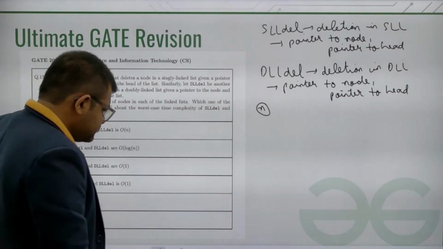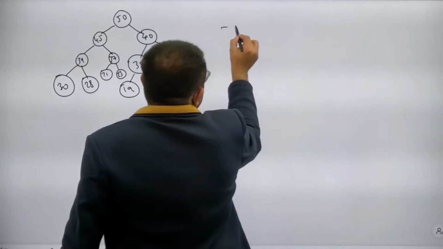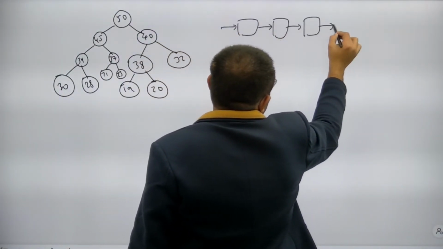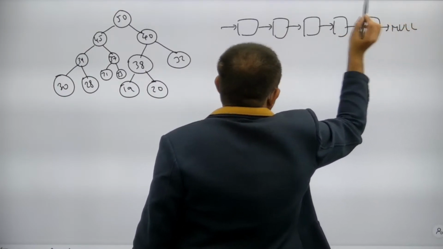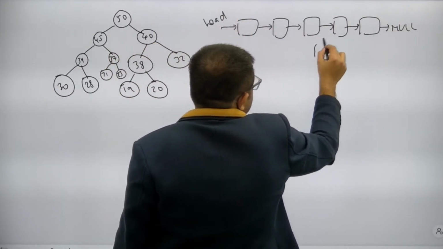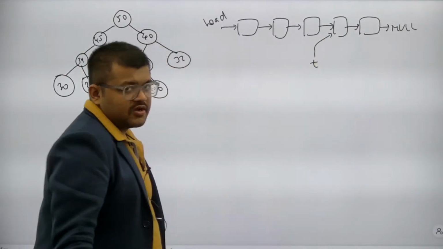You see here, suppose you are given a singly linked list, and this is your head pointer. Let's say you want to delete this node, so you have a pointer to this node also, let's say T, this is also given in the question.